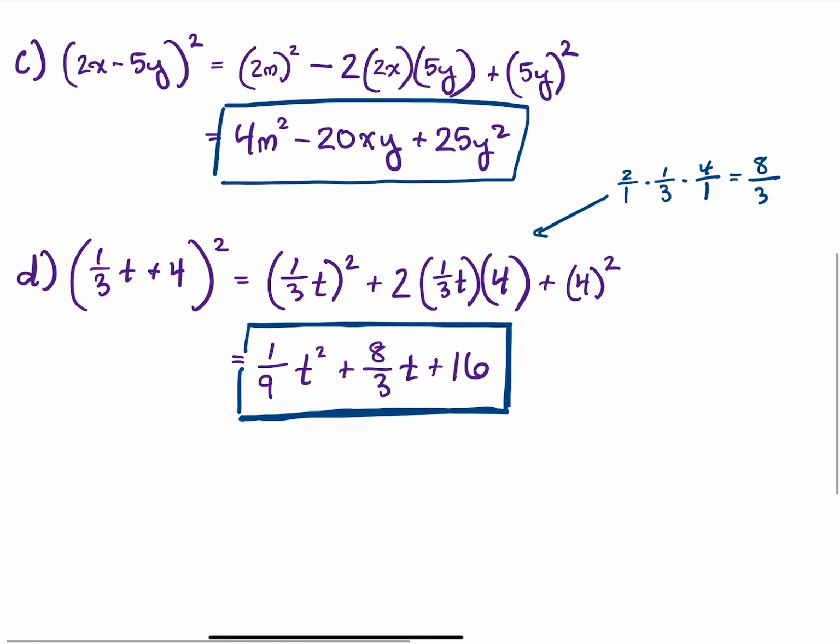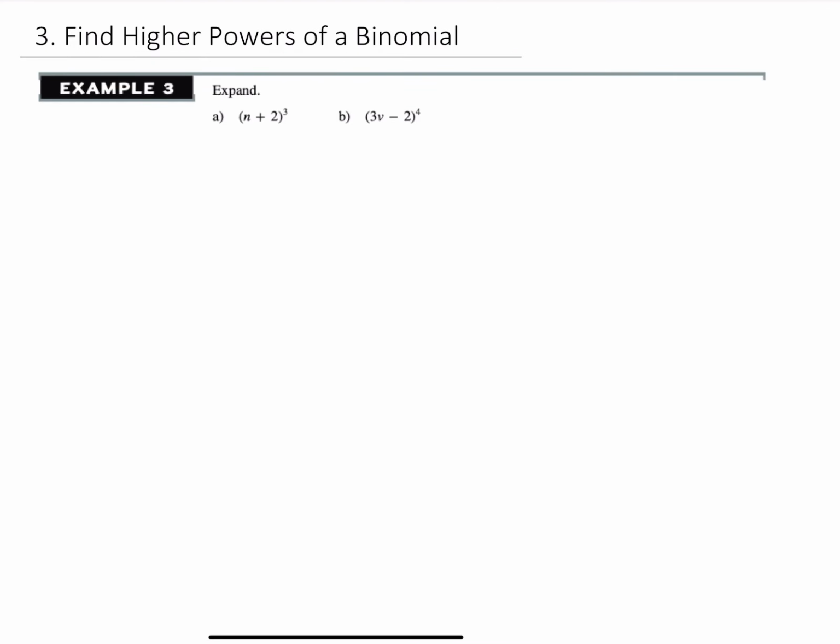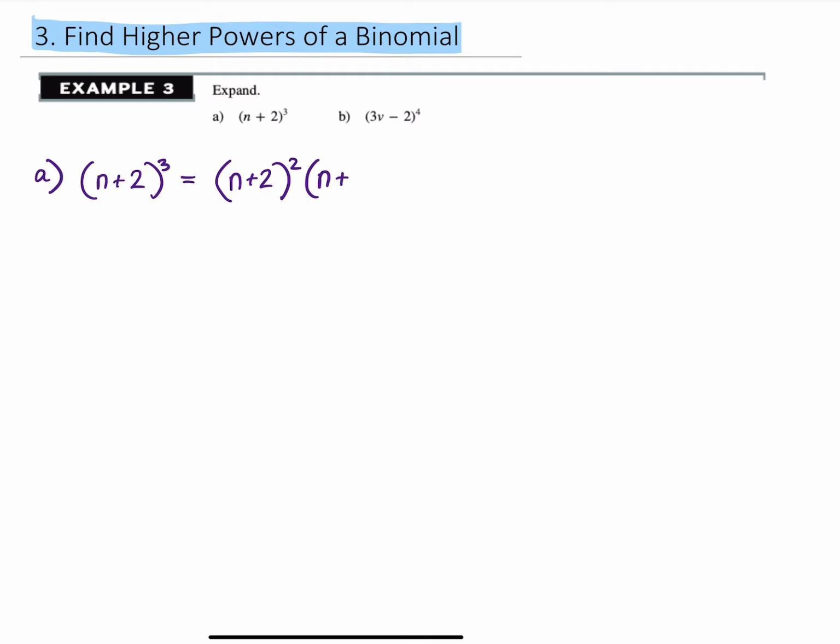Okay, then our last section is finding higher powers of a binomial. So something greater than the second power. So let's see, our first example is n plus 2 cubed. Well, we can write this as n plus 2 squared times another n plus 2.